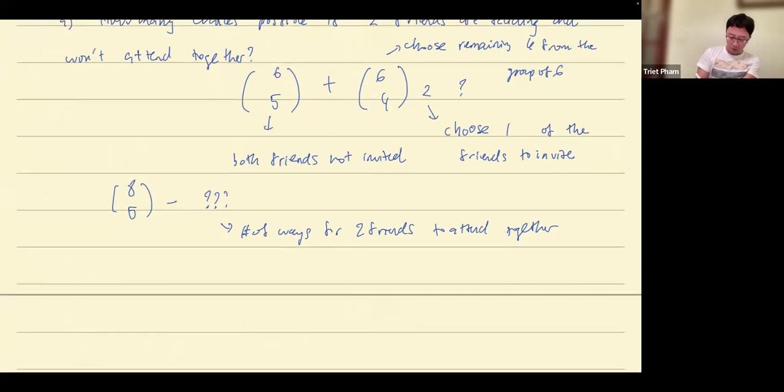Okay, so question B is what? How many choices if 2 friends will only attend together?